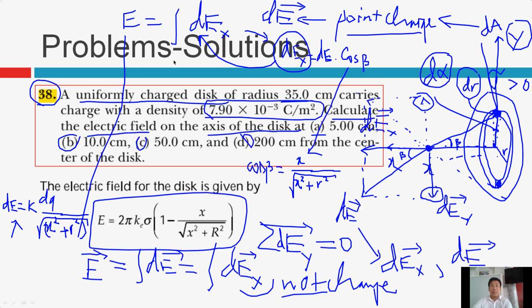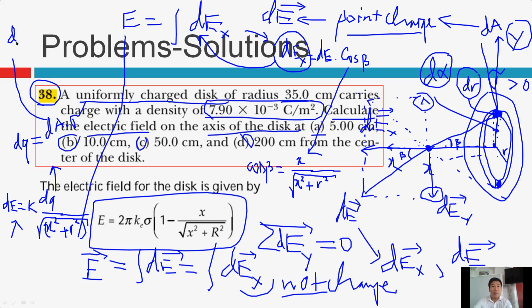But the thing is, you need to determine the boundary condition of the integral, right? If you want to determine the integral, the boundary condition for the integration here, you need to know dq equal dA multiplied by sigma. And how to calculate dA? Please look at here. dA here looks like a square, right? It looks like a square.